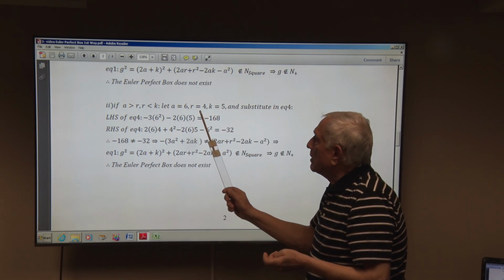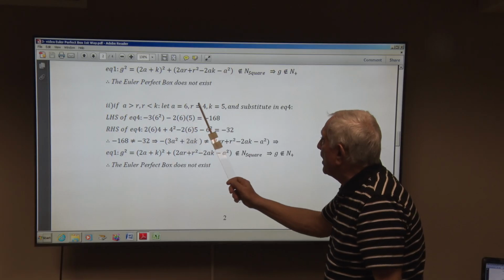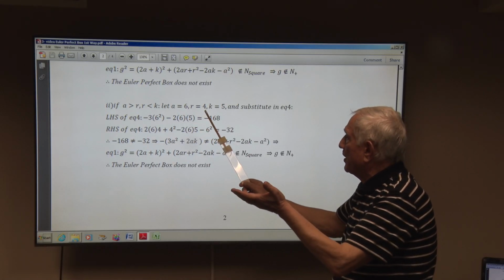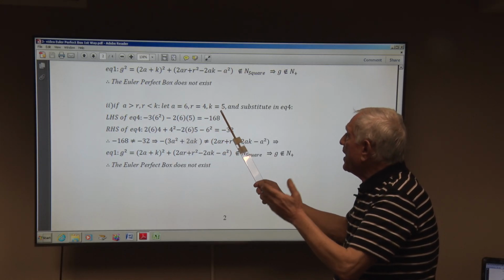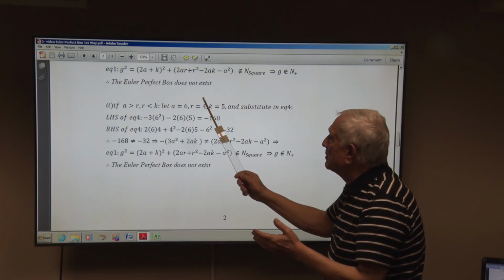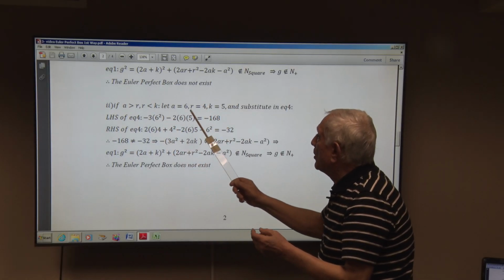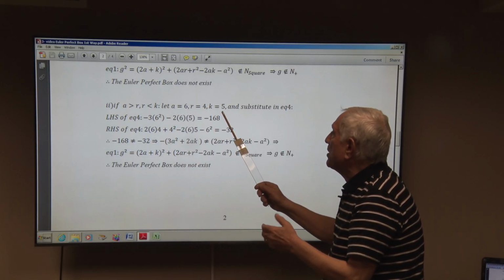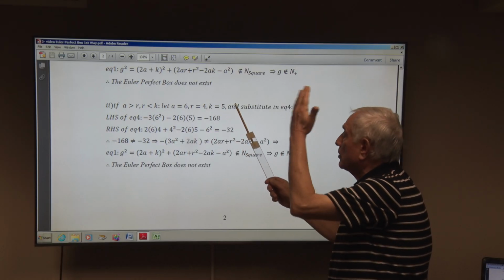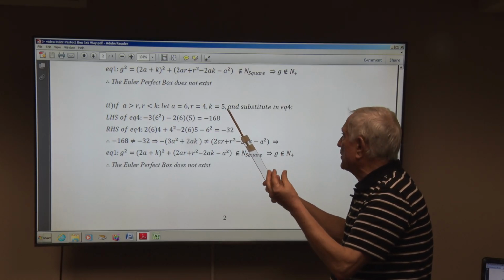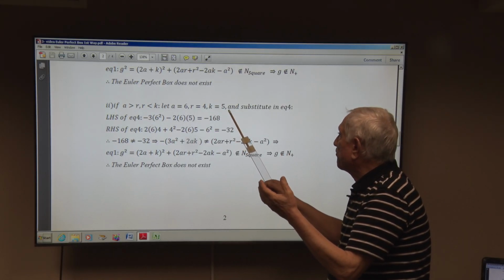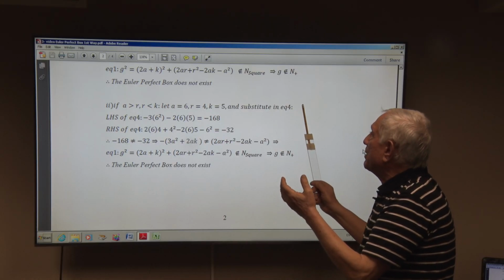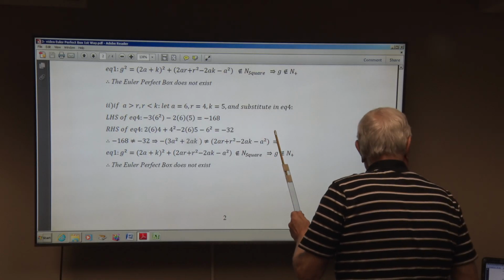Then when A is 6, R is what? 4, less than A, because K is more than R. When R is 4, K will be 5, 7, or million. But you take a small number and substitute in equality 4.